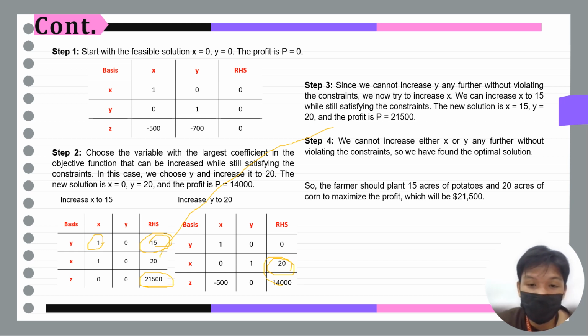We cannot increase either x or y any further without violating the constraints. So we have found the optimal solution. So the farmer should have planted 15 acres of potatoes and 20 acres of corn to maximize the profit, which will be 21,500.